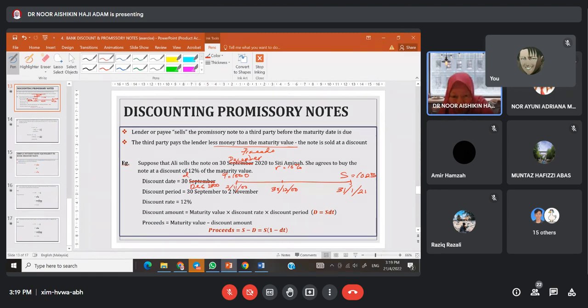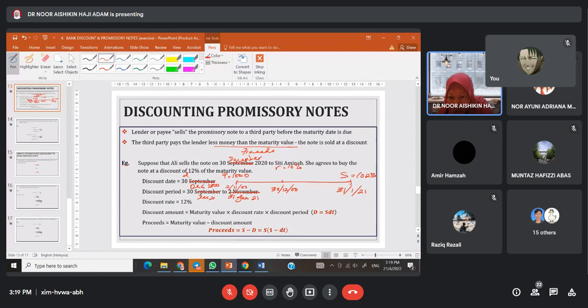Discount period from 30th December to bukan 2nd November, salah. It should be 31st January 2021.